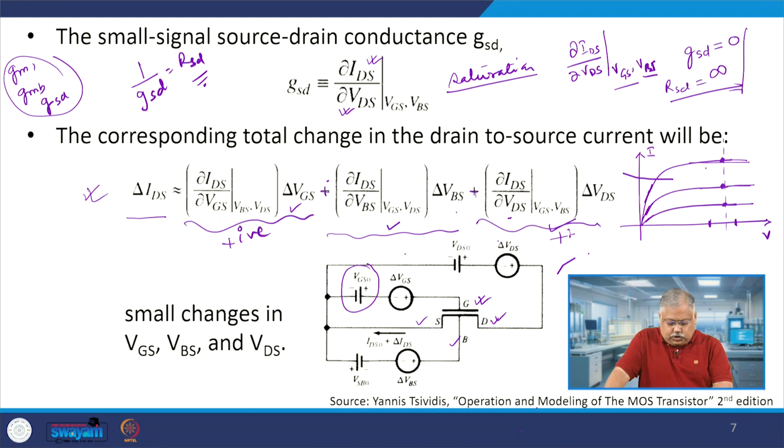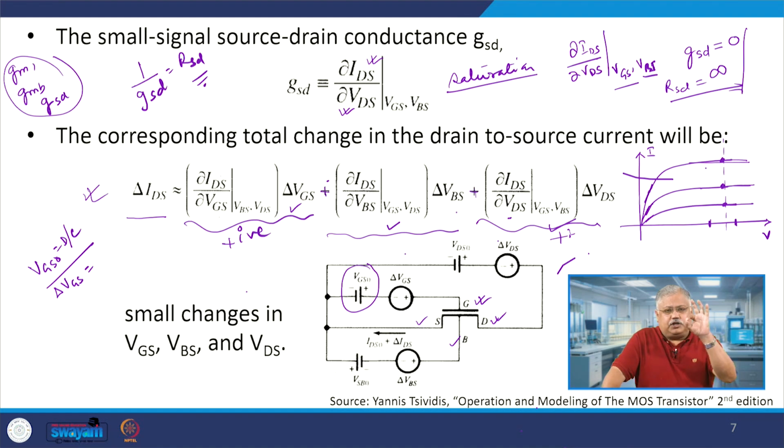So VGS0 is basically my DC voltage at the source. Del VGS is the change in it. Please understand, I am not inserting an AC signal here, but I am inserting a signal, maybe a DC signal, which is varying over and above the VGS0.